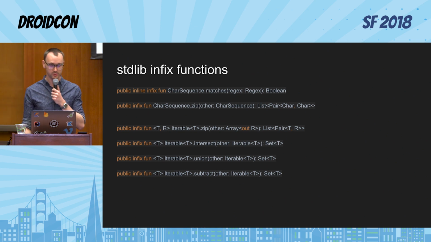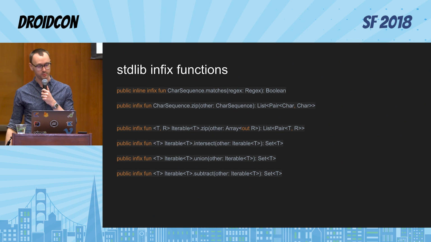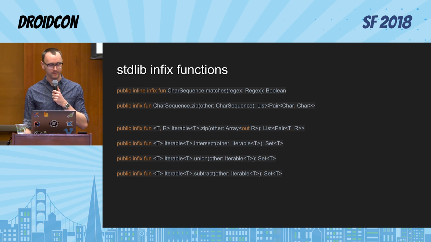The second argument is a regular expression, so you can have string space matches space regular expression. That will work. Same with zip. And then 4 on iterables: zip, and then intersect, union, and subtract, which will return sets of those 2 iterables.